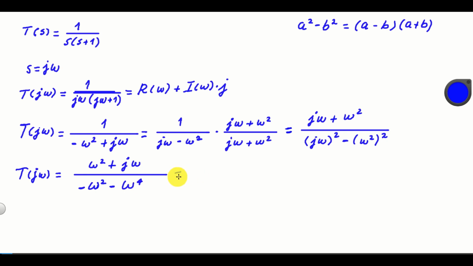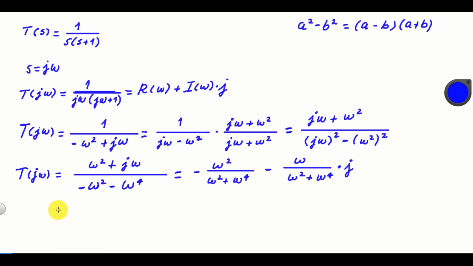And consequently, from here I can get the real and imaginary parts. The real part will look like this: minus omega squared over omega squared plus omega to the power 4. Then I will have minus over here, and the imaginary part will look like this: omega over omega squared plus omega to the power 4, and let's not forget the imaginary unit j.